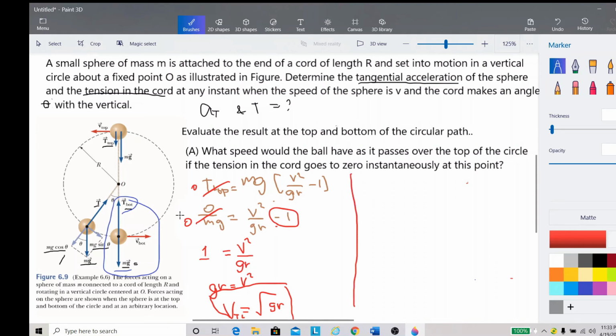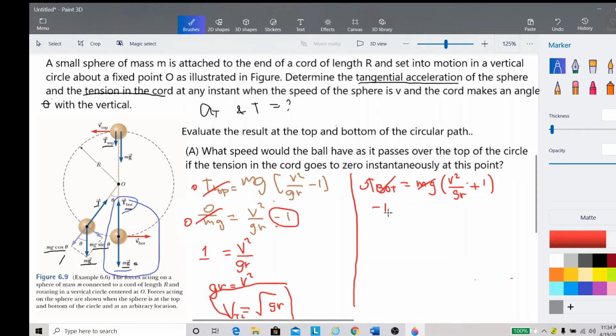So sa bottom we have here ang bottom natin, T at the bottom is equal to mg, ano? Mg times v squared over gr and then plus 1 tayo doon kanina. So this is 0 and this one will be 0 na rin kasi pag dinivide mo yan will be 0. This becomes negative 1.